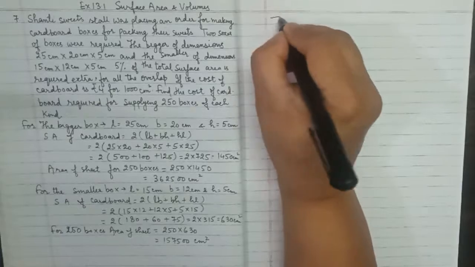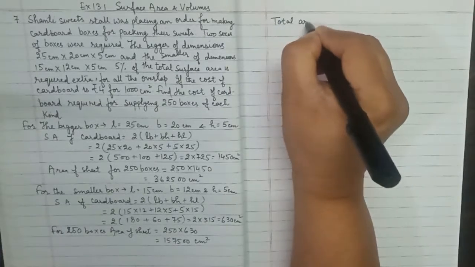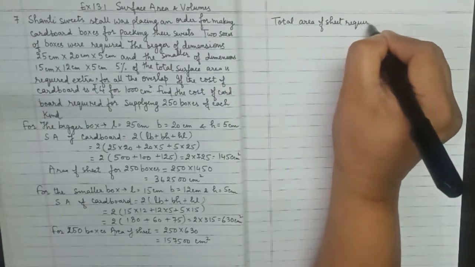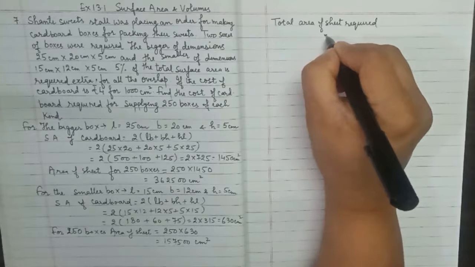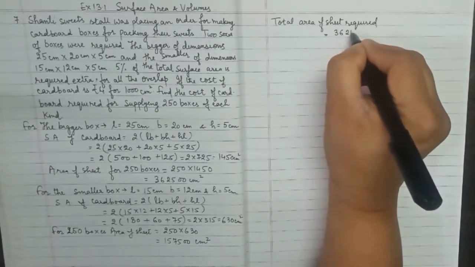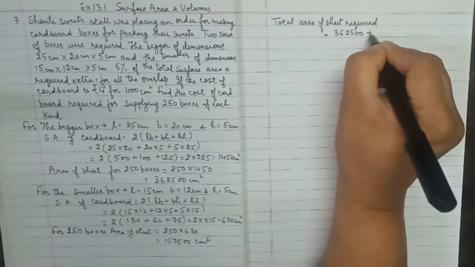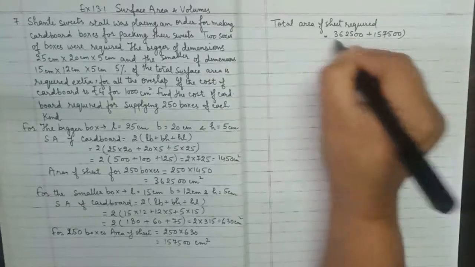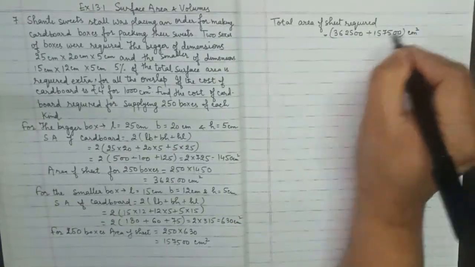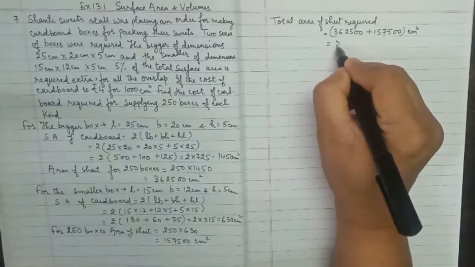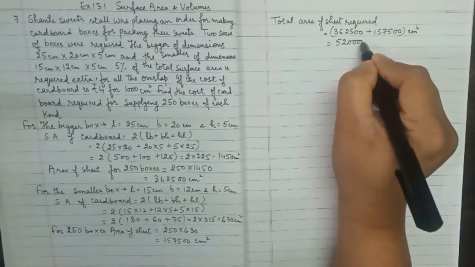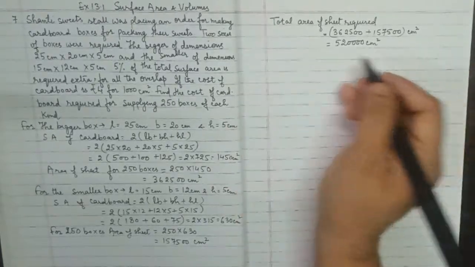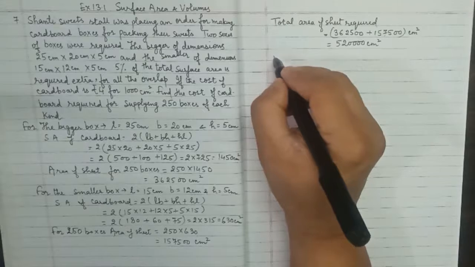Now total area of sheet required is equal to 362,500 plus 157,500 centimeter square, which is equal to 520,000 centimeter square. Now we know 5% of sheet is required for overlapping.